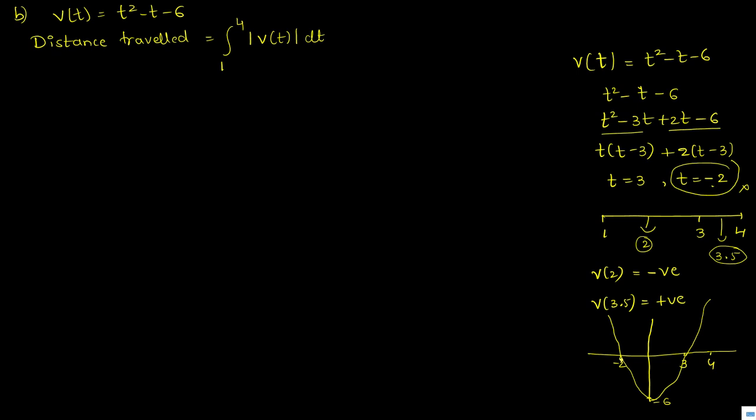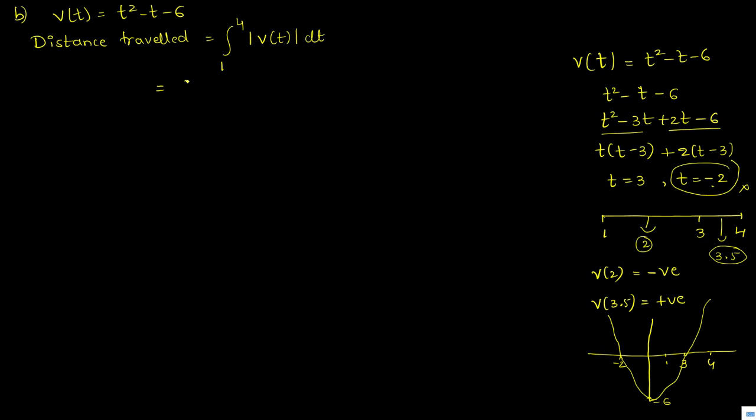This is the negative part which we are not interested in, since we want only from 1 to 4. If you check from 1 to 4, from 1 to 3 the part of the curve is lying below the x-axis, and from 3 to 4 it is lying above the x-axis. So here the distance will be negative and here it will be positive. Wherever you have the value as negative, there we are going to multiply it by a minus sign.